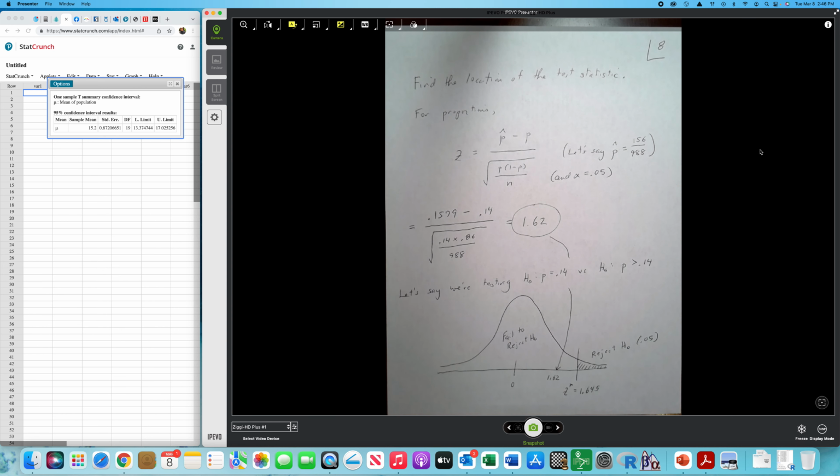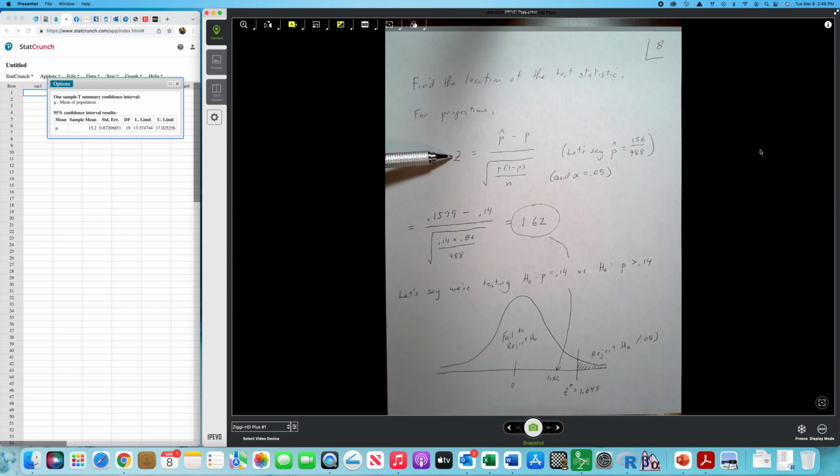So let's find the location of the test statistic. The first thing we do for proportions after setting up the null and alternative hypotheses and stating alpha is we calculate what's called a test statistic.